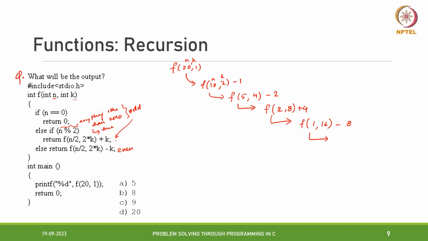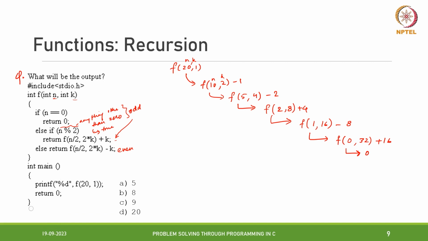Still non-zero, but it is odd, so the else if part, so n by 2, now it becomes 0. Twice of k, so k was 16, 16 into 2, 32, plus k, plus 16. Now what does this do? So f of 0 comma 32, this is simply 0, return 0, right?